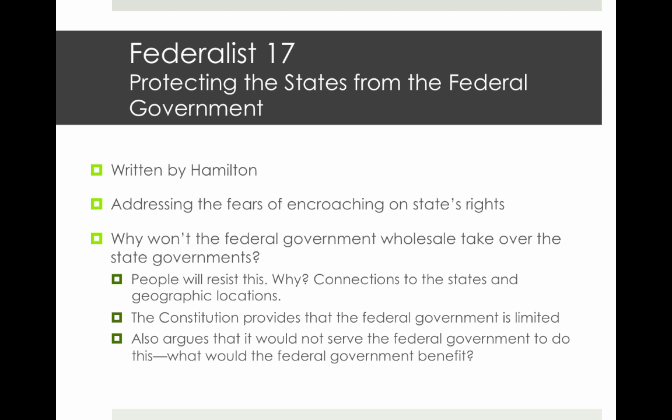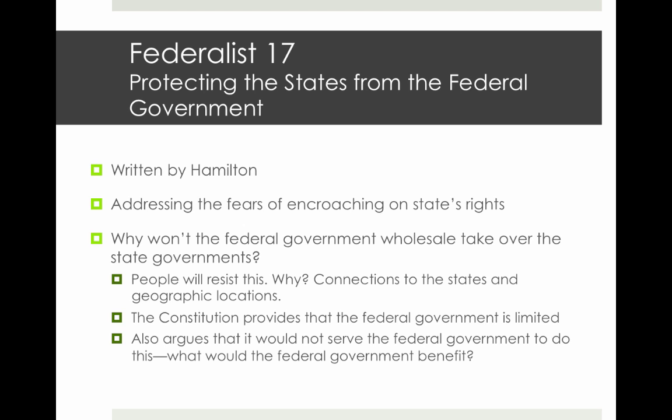Things like same-sex marriage or marijuana legalization or criminal justice reform are hot topics and big issues, but that doesn't mean that the federal government's involvement with those issues makes it that much more powerful. There are plenty of things the federal government chooses not to get involved with because it would not benefit the federal government to do so.